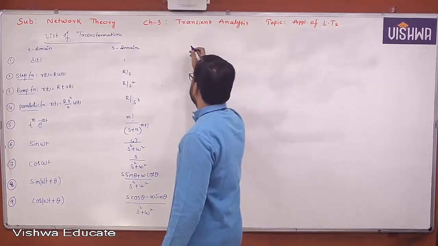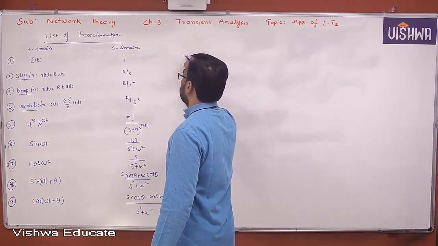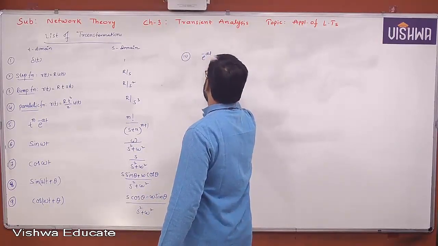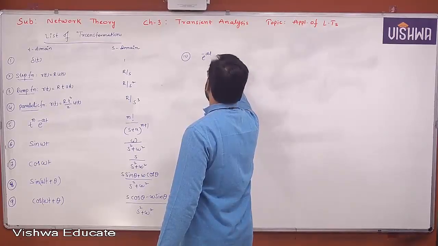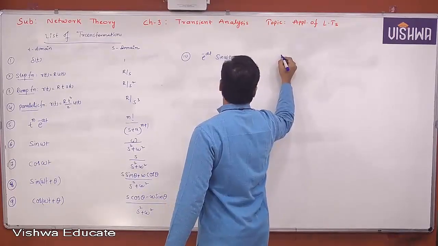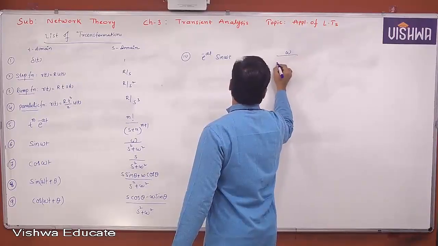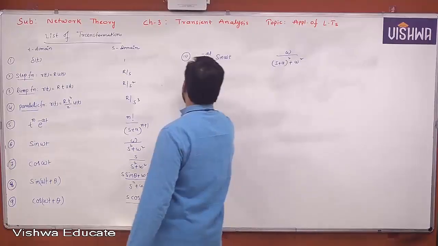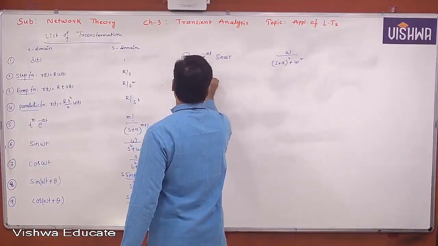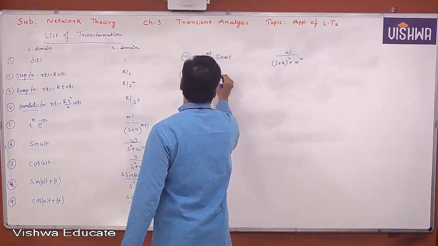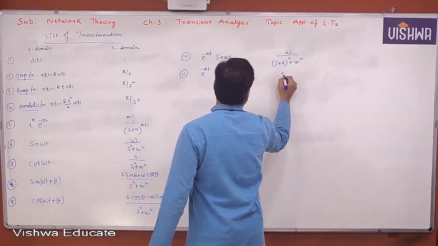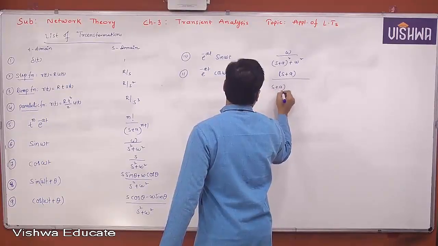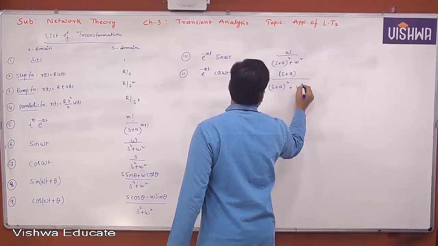10th one. Similarly, time domain e power minus at sine omega t will give you omega by s plus a whole square plus omega square. 11th one, e power minus at cos omega t gives s plus a by s plus a whole square plus omega square.